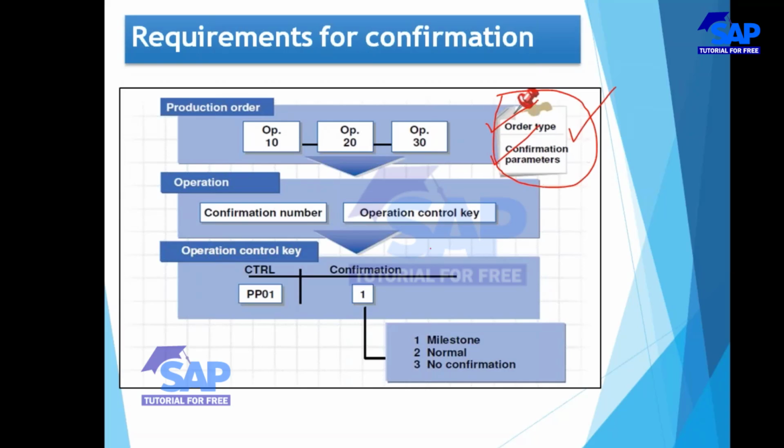The next one is that the operation has to be assigned a proper control key which says that at least confirmation is required, where confirmation is possible. These are the prerequisites to do confirmation for a particular operation in the system. So we need to maintain the relevant operation control key.